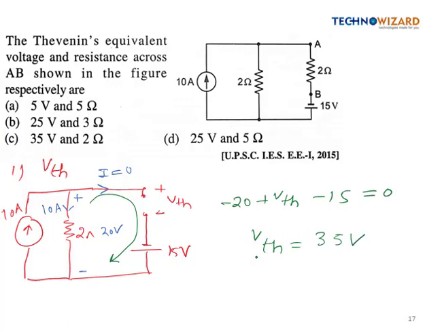In order to calculate the value of RTH, the current source will be replaced by open circuit and the voltage source will be replaced by short circuit, and this 2 ohm resistance will be open circuited. So in order to find the value of RTH, this current source will be open circuited.